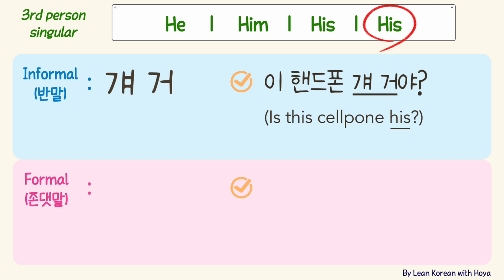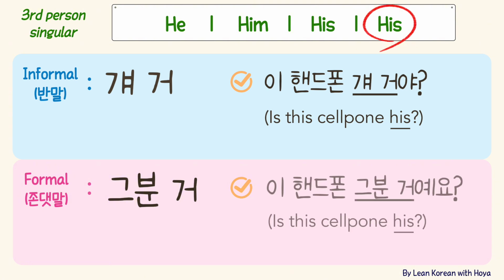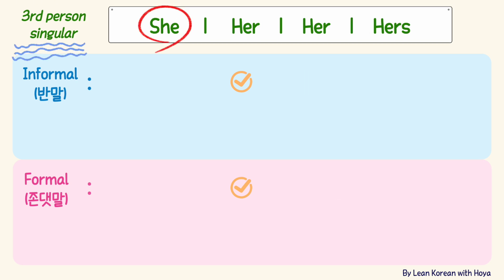The formal version is 그분 거. 이 핸드폰 그분 거예요?